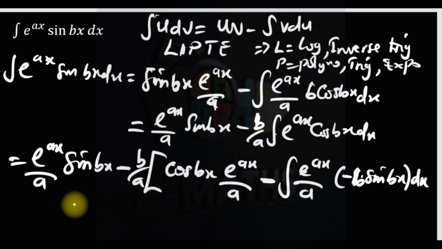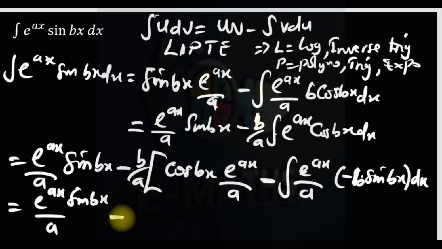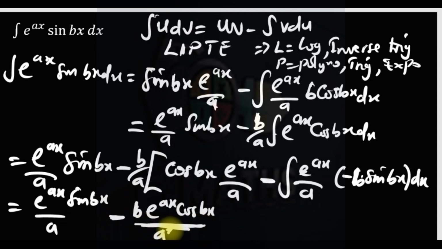So which is equal to, you open up, we have e raised to the power ax sine bx over a, minus, if you open up this times that, b e raised to the power ax cos bx over a squared, plus this times that. There is minus times minus, which is plus, so this should be minus.